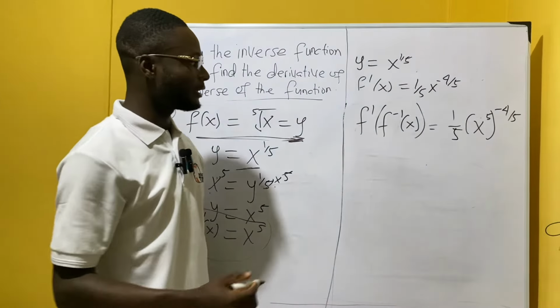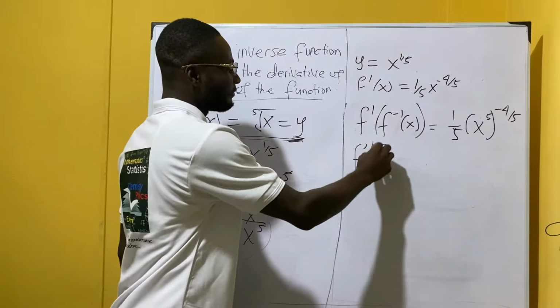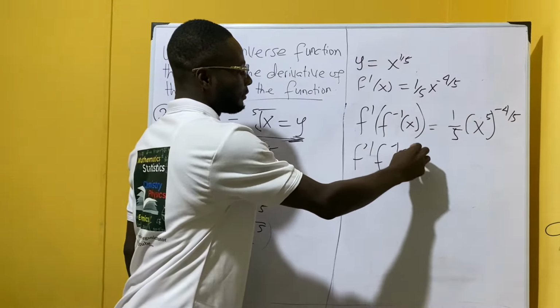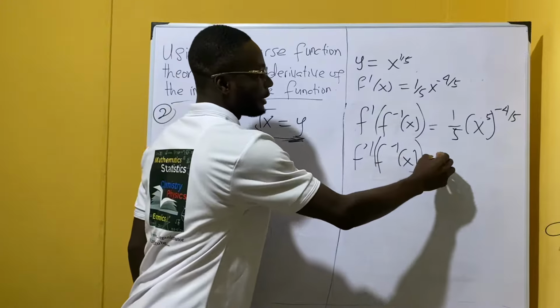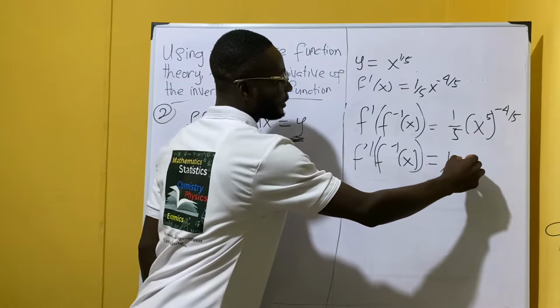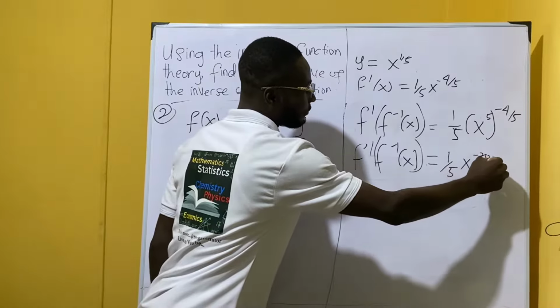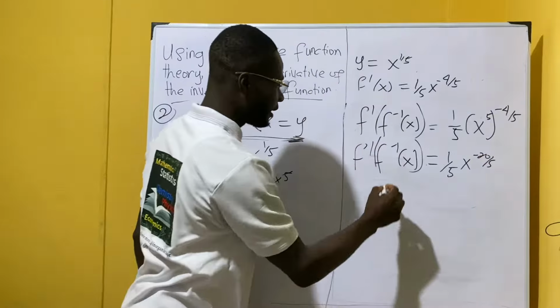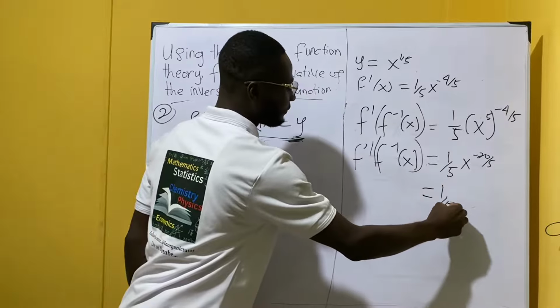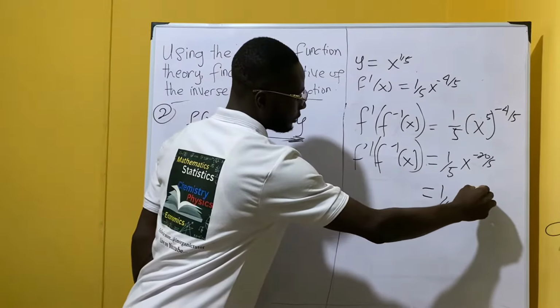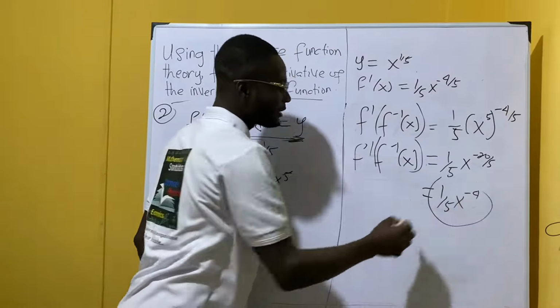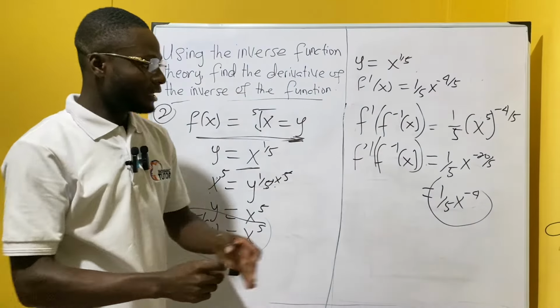That is minus, right? So we have derivative of x, and that should be equal to 1 over 5, which will be x to the power minus 20 over what? 5. And that simplifies to 1 over 5 x to the power minus what? 4. And this becomes the denominator.